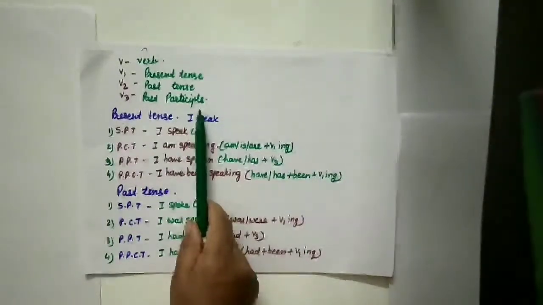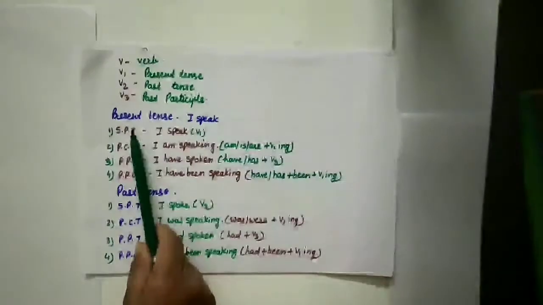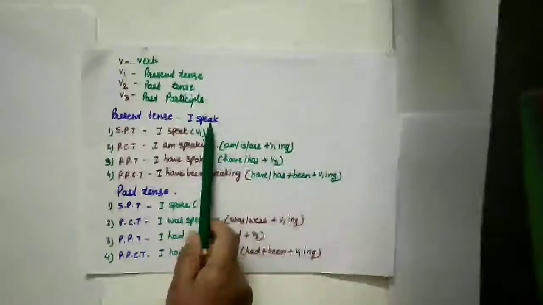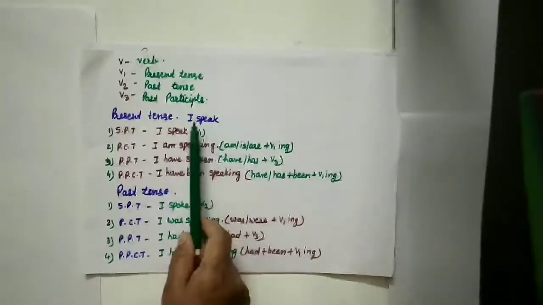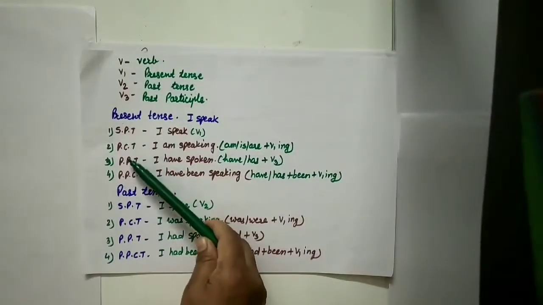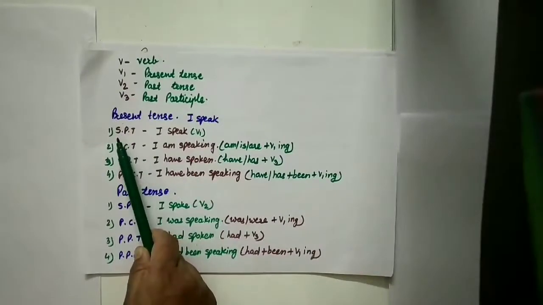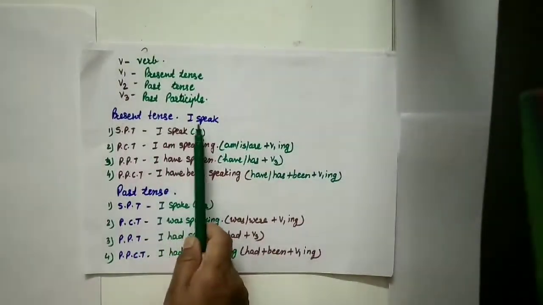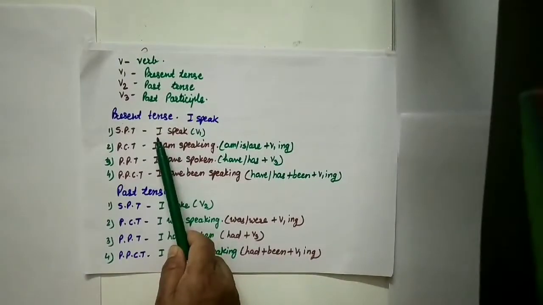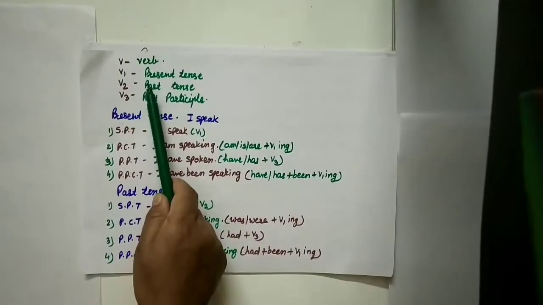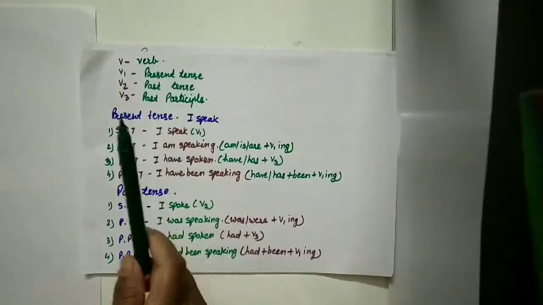Now first is the present tense. Suppose the sentence given is "I speak", and we are going to convert this sentence into the 4 present tenses. First is the simple present tense. This sentence stays the same: I speak. The format is V1, meaning the verb is in the present tense.